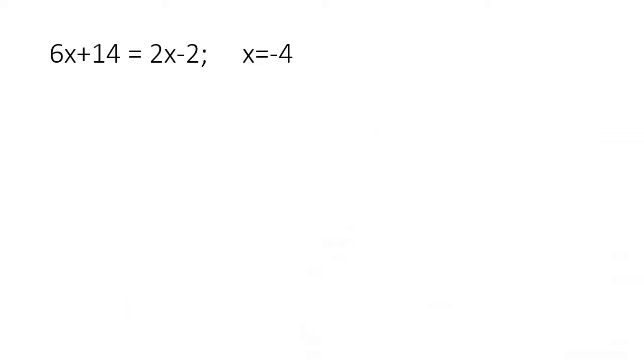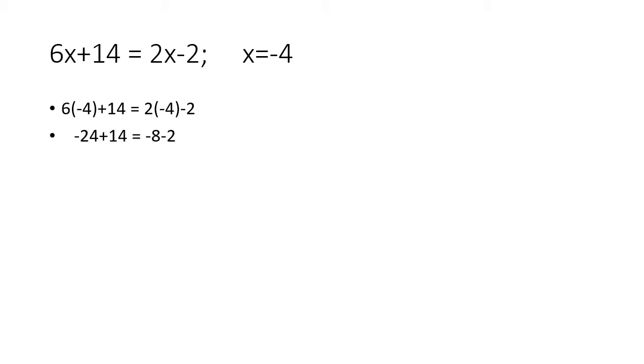Okay, so now that we actually know the value of x, we know that it's negative 4, we no longer have to use x as a placeholder. We can actually put the actual number negative 4 wherever the x is. So here you see 6 times negative 4 plus 14 is equal to 2 times negative 4 minus 2.